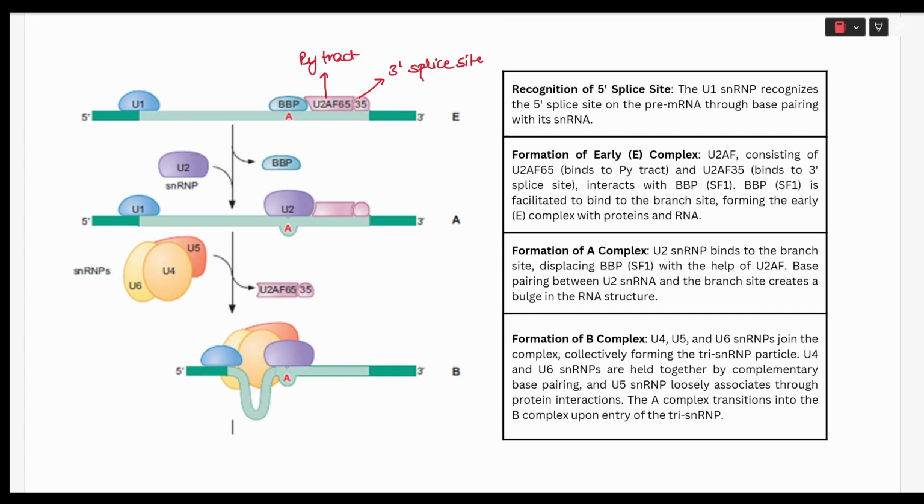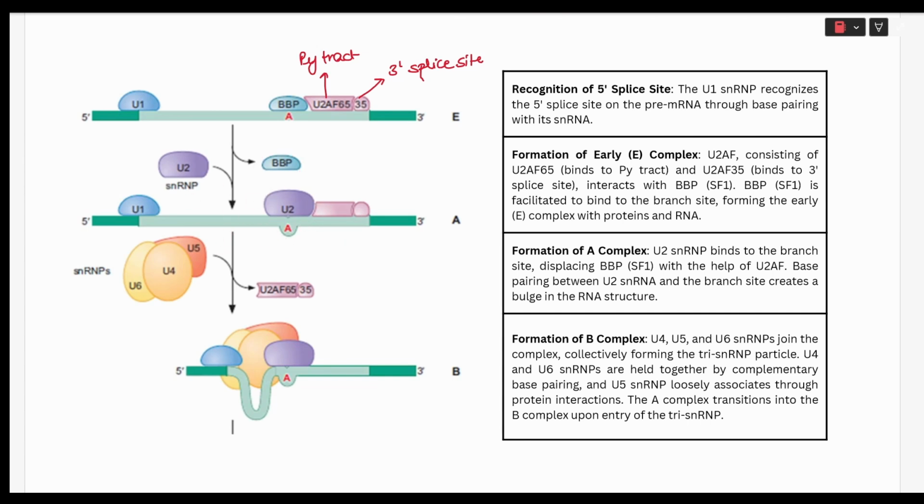This forms the early complex, or you can say the E complex. Okay, now after that, I think I have already told you that the BBP, the branch point binding protein, will be replaced by U2, right? So U2 snRNP comes, it replaces this guy, and it takes the branch point, right?